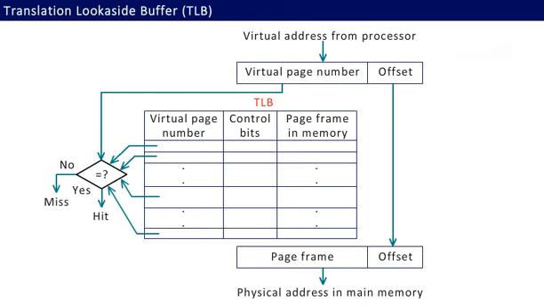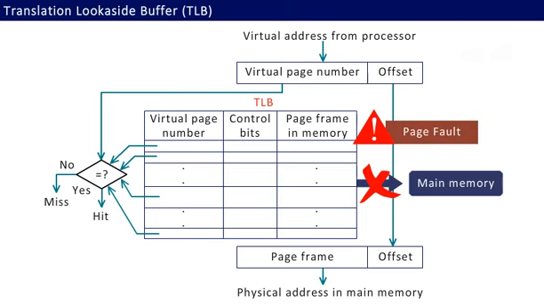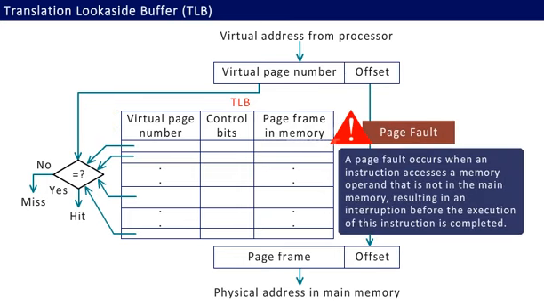The system first checks if the page is already in main memory. If not in main memory, a page fault is issued. Then the TLB is updated to include the new page entry. A page fault occurs when an instruction accesses a memory operand that is not in the main memory, resulting in an interruption before the execution of this instruction is completed.